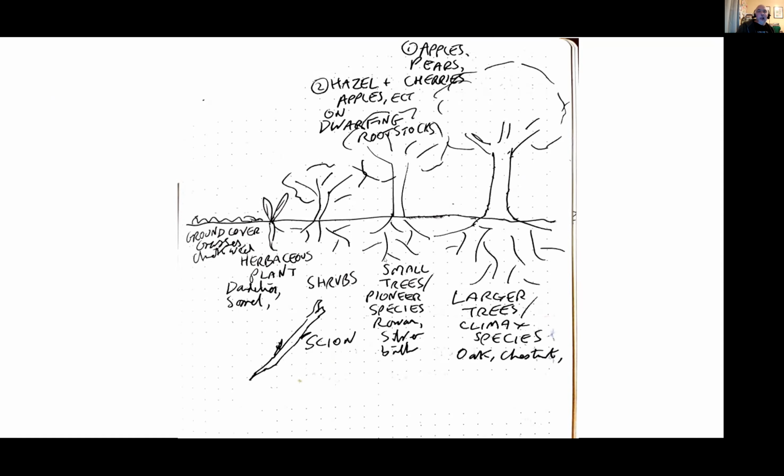And then, as Natalia said, we take a cutting from another tree, which we call the rootstock, and that is very predictable in terms of the size of the tree, how big it is going to grow, its disease resistance, how much water it needs, and all those sorts of things.